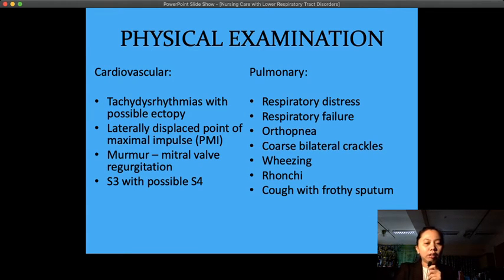Okay, so that is the cardiovascular. So we would have tachydysrhythmias with possible ectopy, and then murmur, mitral regurgitation, S3 with possible S4, and then pulmonary, there would be respiratory distress, respiratory failure, orthopnea, coarse bilateral crackles, wheezing, rhonchi, cough with frothy sputum.